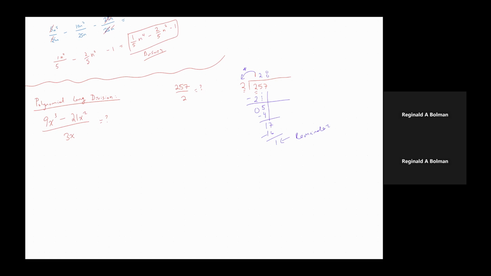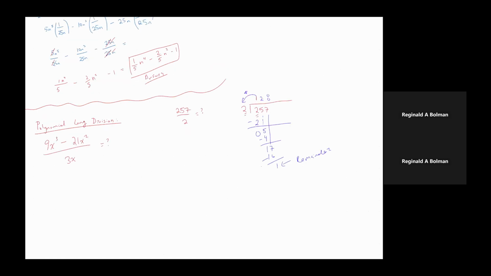Technically, 257 divided by 2 is exactly equal to 128 and 1 part from 2. We got this 1 part from 2 by taking the remainder, which happened to be 1, as the numerator of our fractional part.